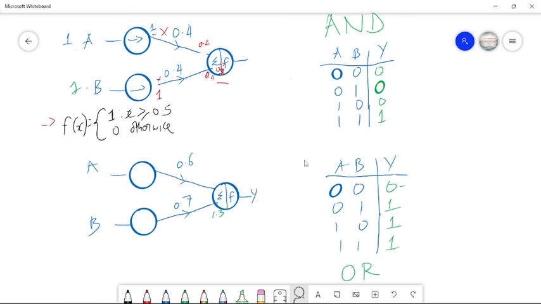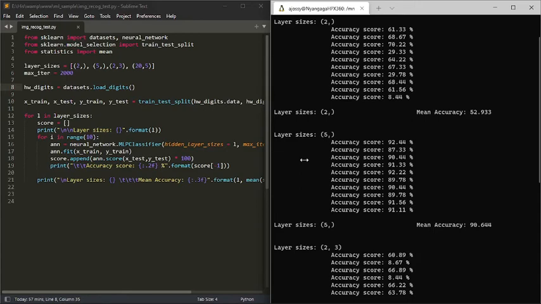One more thing that I would like us to see, and this I would like us to see using some code, is that here I've picked a new problem, and the problem is recognizing handwritten digits. And you will notice that this problem is significantly more complex than that of determining the logical AND and determining whether two inputs are similar or not.